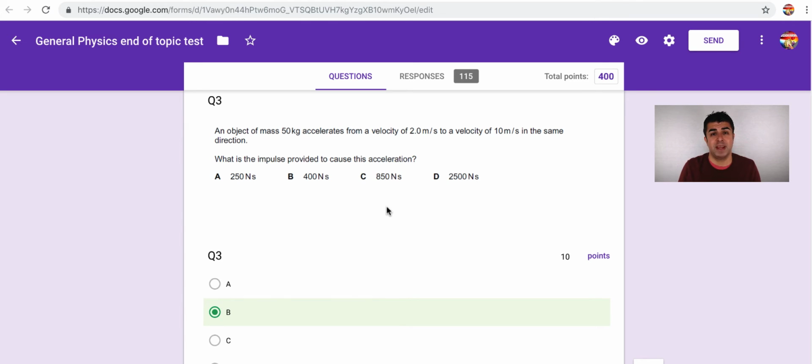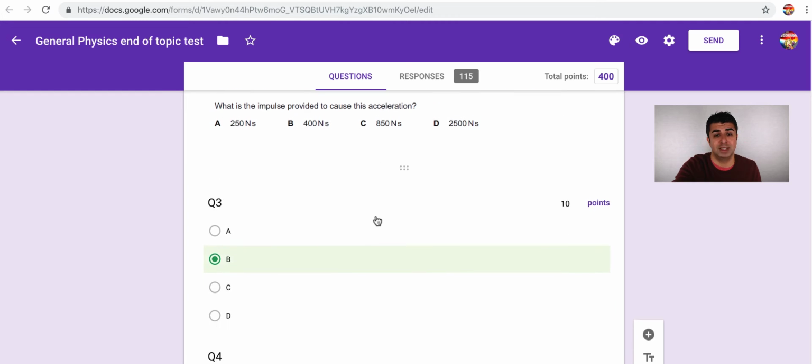So if you find m times v, which is mass times final velocity, minus m times u, which is mass times initial velocity, that will give you the impulse. So here we've got 50 times 10 minus 50 times 2. Stick that in a calculator and you will get the answer B, 400 Newton seconds.